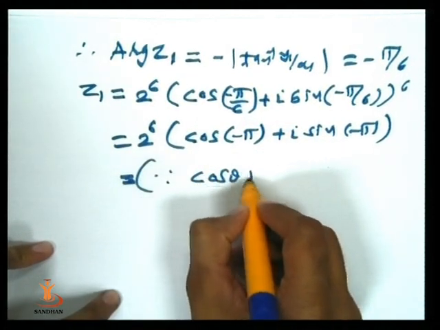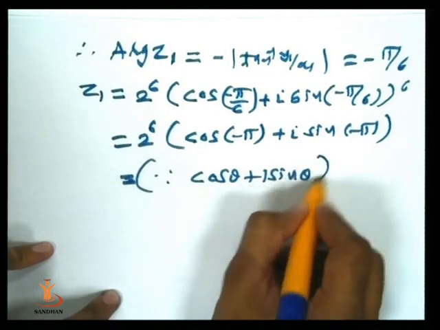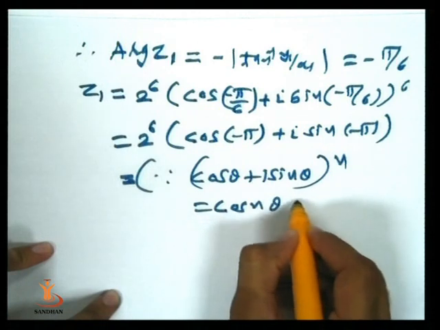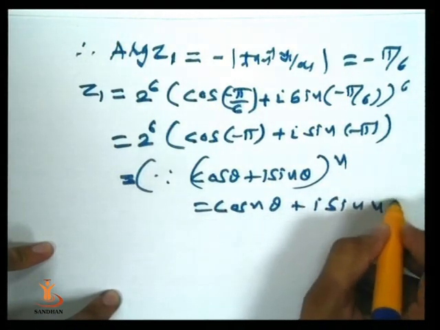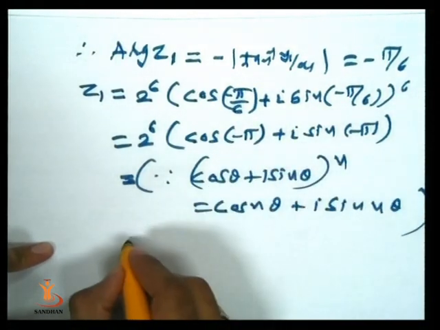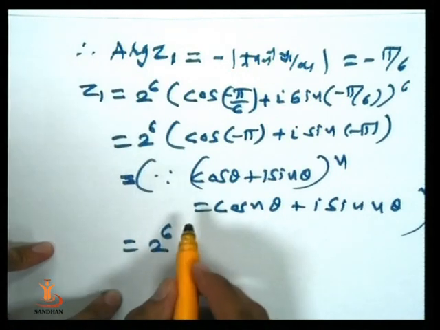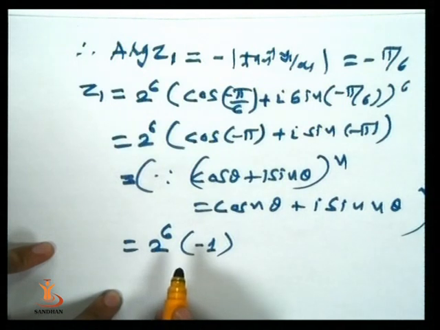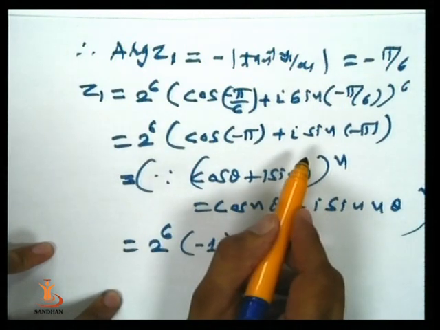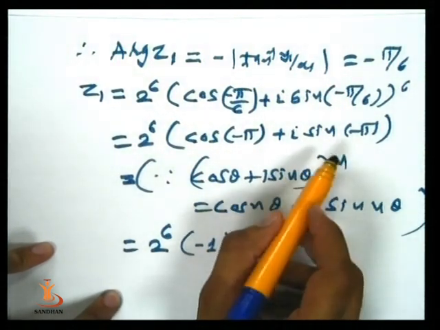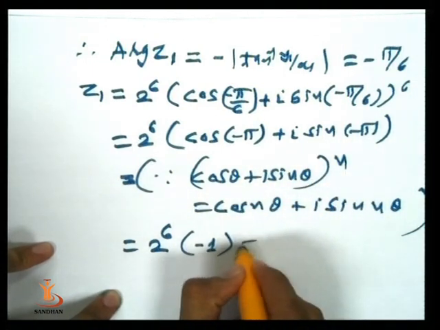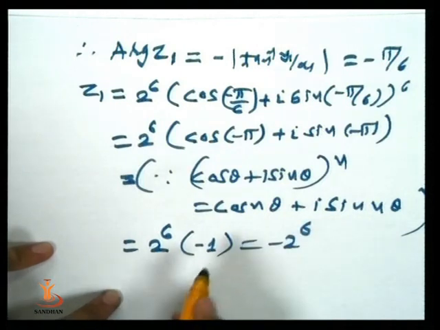Cos theta plus i sin theta raised to n equals cos n theta plus i sin n theta. So this is nothing but 2 raised to 6. Now cos minus pi is minus 1, and sin minus pi is 0. So this is exactly equal to minus 2 raised to 6.